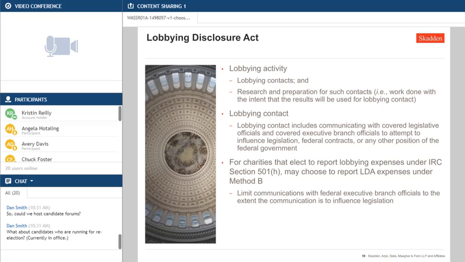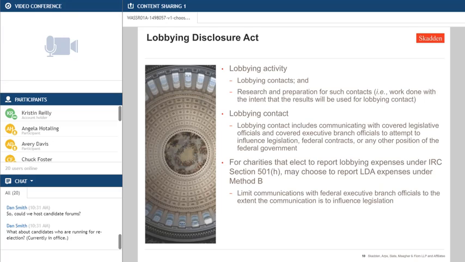They're certain high-level officials, typically political appointees. Well, Zinke's obviously a political appointee, so he's definitely a covered official. And you're trying to influence him on the drilling issue, which is a position of the federal government. That would be considered lobbying under the LDA.